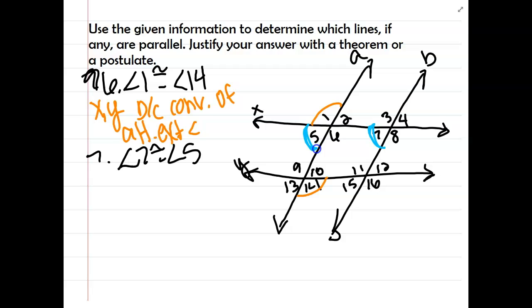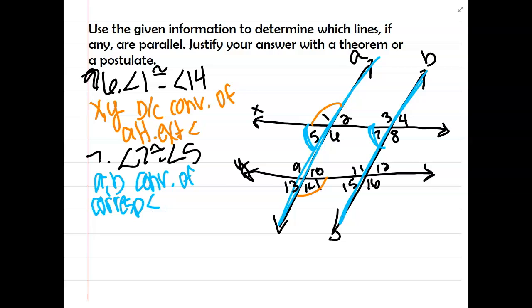Now, if they're corresponding, remember they have to be in the same location in a different intersection of the parallel lines. What would the parallel lines here be? It'd be A and B. See how they're in the bottom left of A and B? So it'd be A and B because of the converse of the corresponding angles theorem.